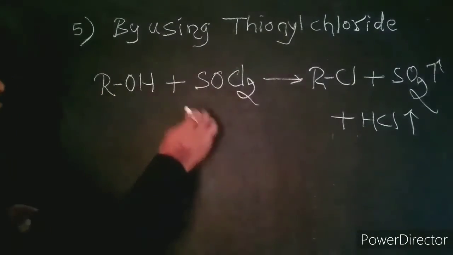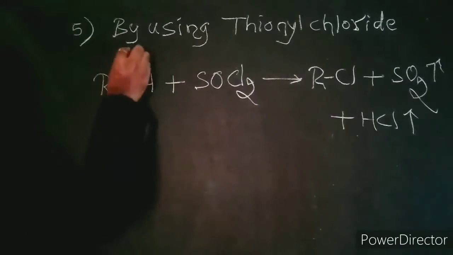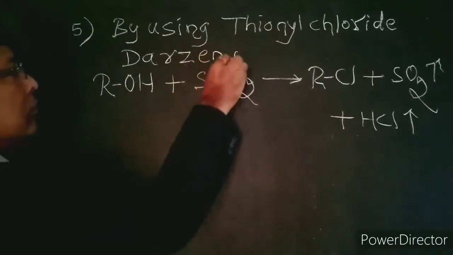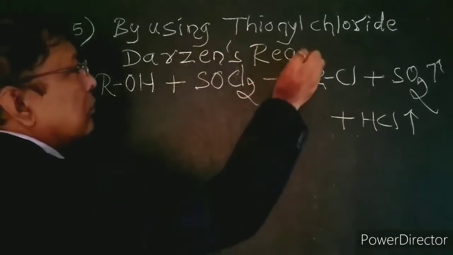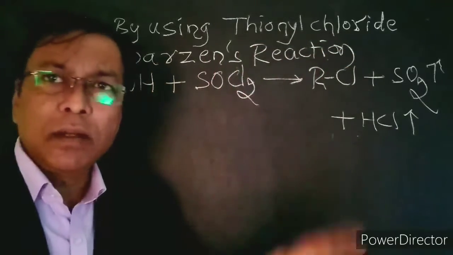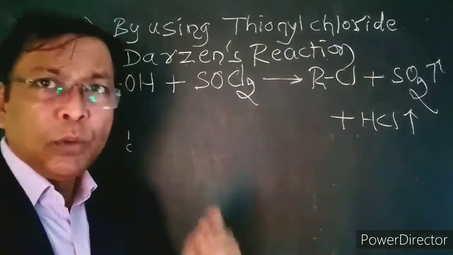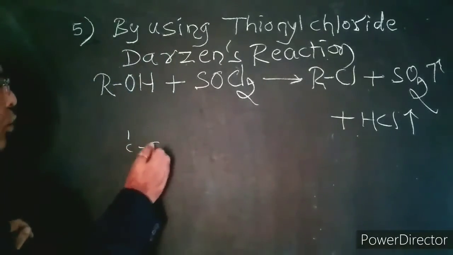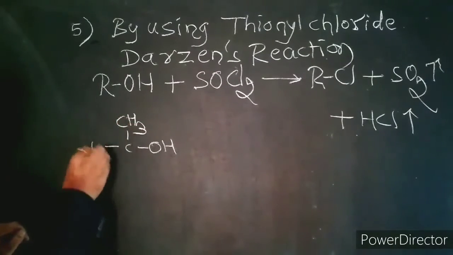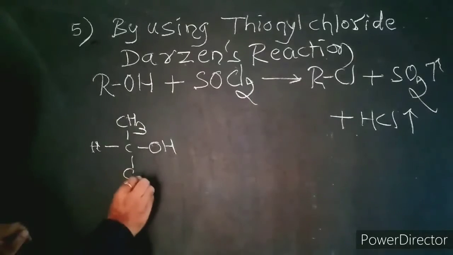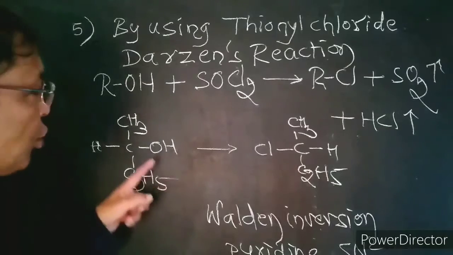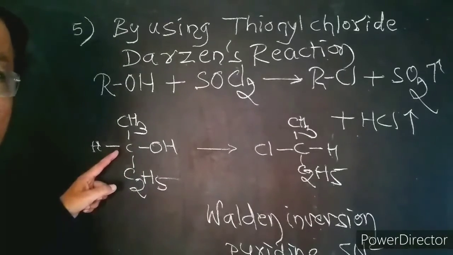This reaction is also known as Darzens reaction. Sometimes we call this reaction the Darzens reaction. A very important note we have to see here: if the OH group is present on a chiral carbon, like this, if the OH group is present on an asymmetric carbon atom, that is a chiral carbon atom.